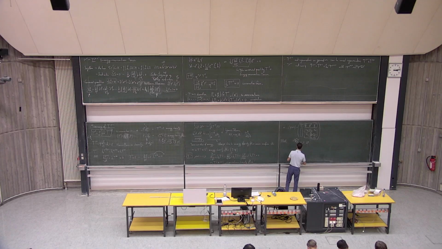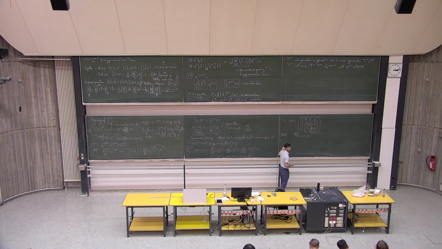If our fluid is at rest, we expect that the energy momentum tensor T mu nu at rest is actually diagonal, where we have rho c squared, that's the energy density, right? Mass times c squared is an energy, so rho times c squared is an energy density.